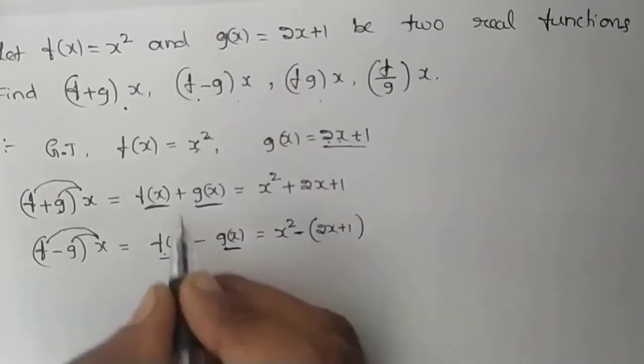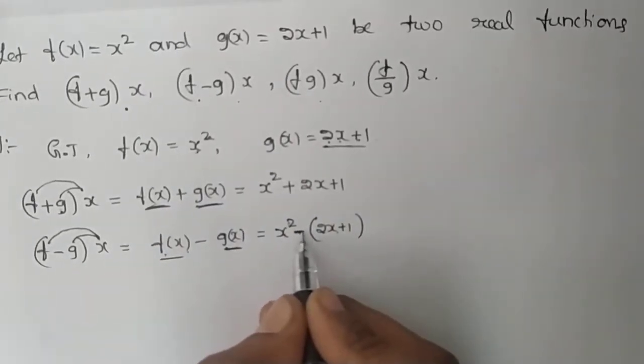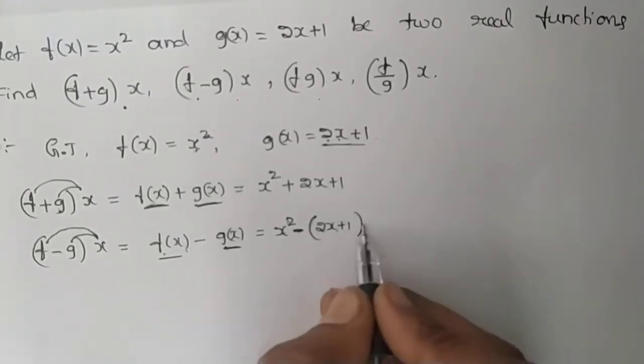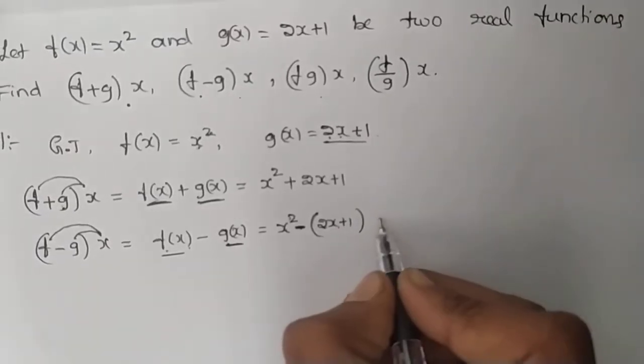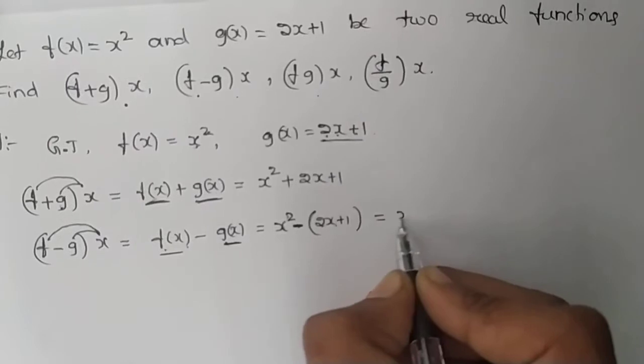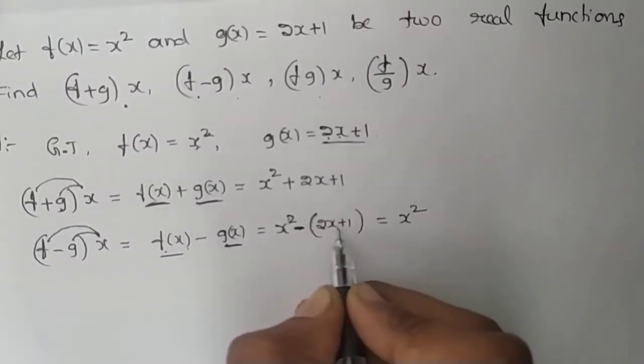Here we have minus, so we have to put the values inside the brackets. That equals x square minus, and you multiply this minus inside the brackets.